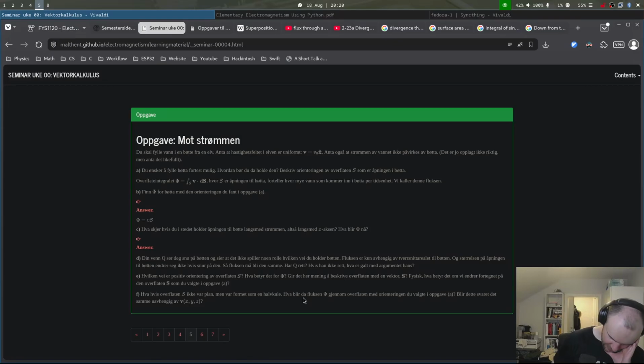What we need to do now is write the vector v over S and then ds. We should do this in parts. The vector now is v0 z hat instead.